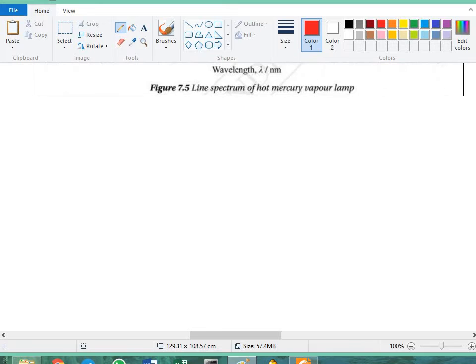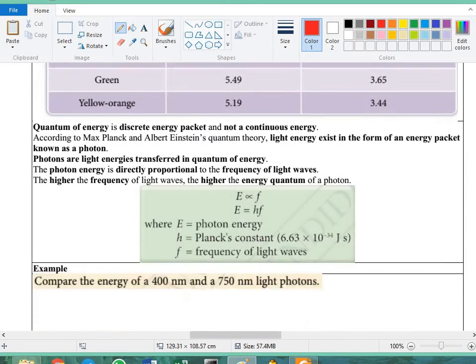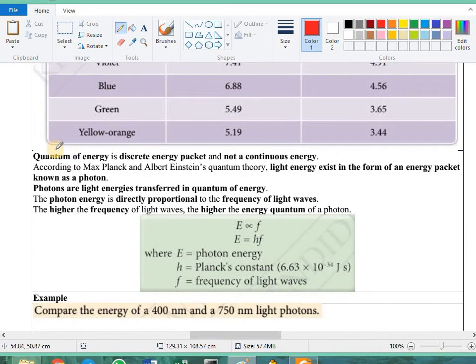But before that, we need to look at this. What does quantum of energy mean? Quantum of energy is a discrete energy packet and not a continuous energy.